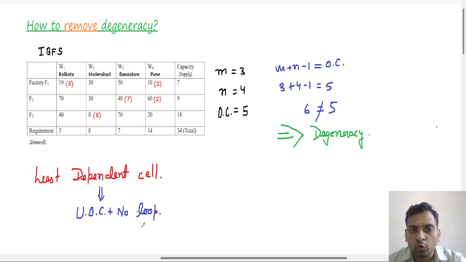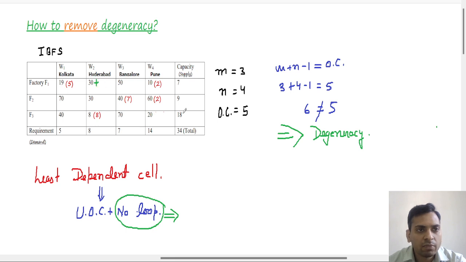Unoccupied plus no loop. Okay, so now you will see what a loop is. How do we create a loop? For construction of a loop, first we will put a plus symbol on an unoccupied block only. So this is the first unoccupied block.